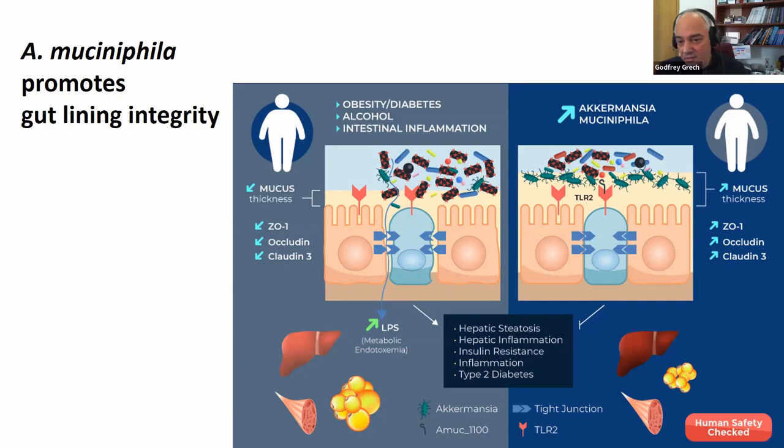Now, another point which one would need to specify: if you, for instance, take probiotics from a pharmacy with various types of bacteria, Akkermansia is not there. Akkermansia is not available as a probiotic, because it's still not safe to provide as a probiotic.